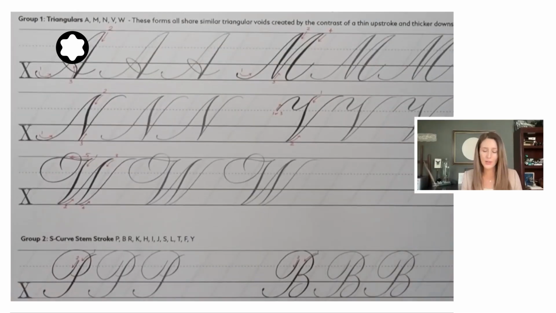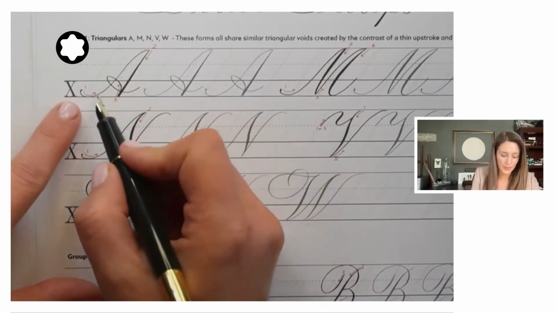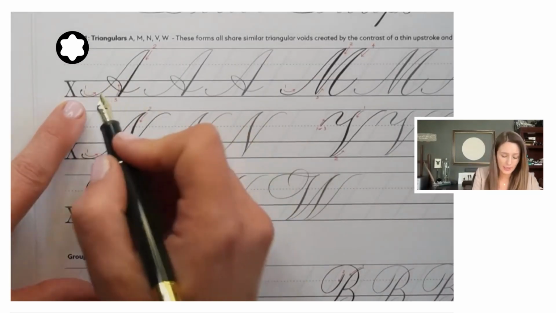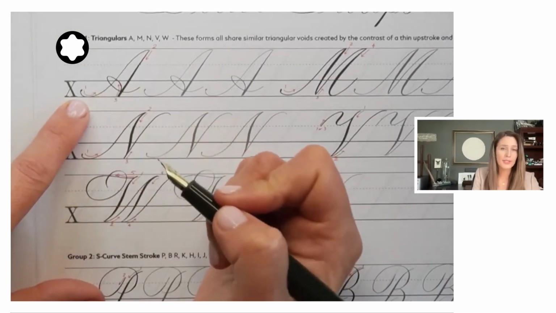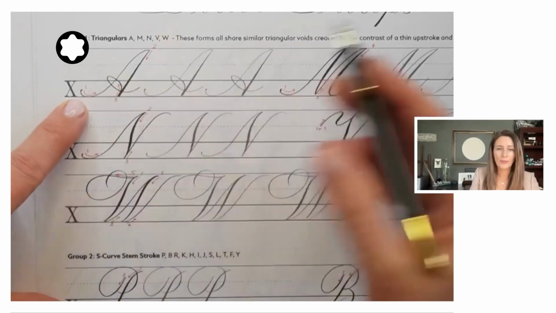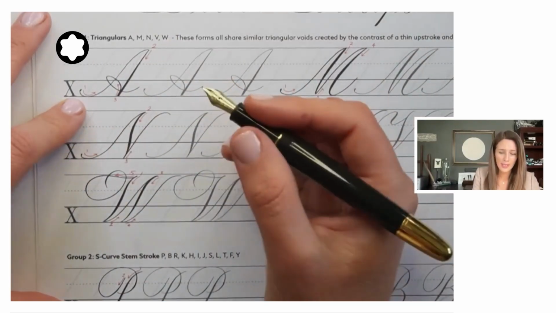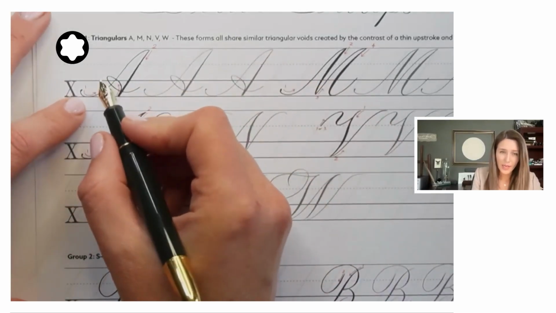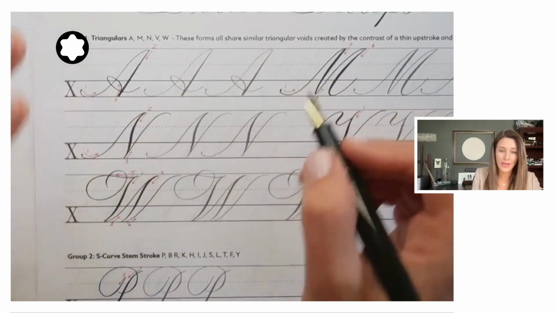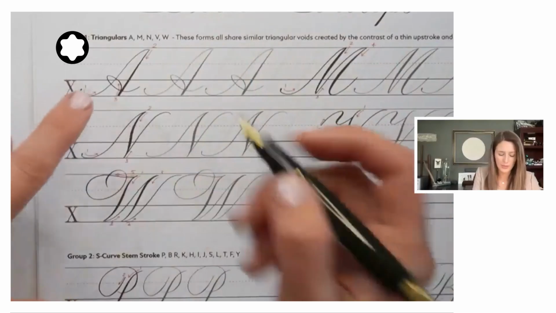Let's jump into our groups here. We're going to pay attention to these arrows, and the numbers there will tell us the order in which we create these letters. Copperplate is written very slowly and carefully, and so the order in which we do it will matter for how we're lining up our strokes.